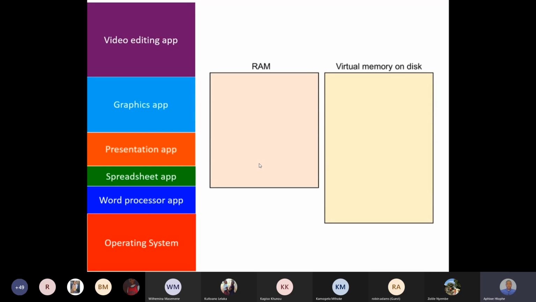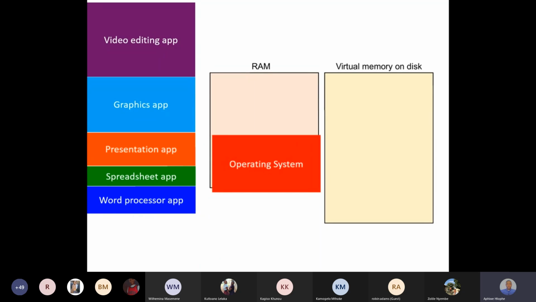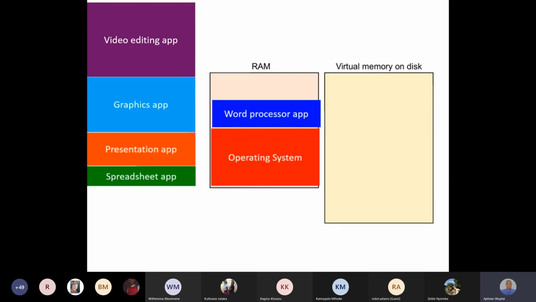Okay. And data are being fetched and executed by the CPU, they are stored in the RAM. However, this assumes that the memory is large enough to hold the programs being executed. In modern computers, it is common to have more than one program open at once. For example, here we have the operating system, and we have a word processing app taking space in the memory.